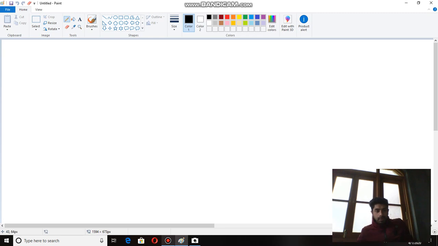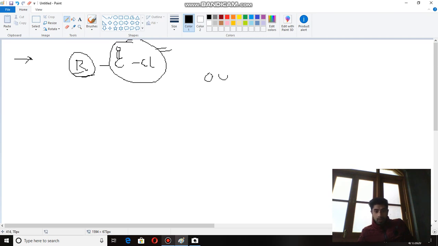There may be some functional groups like this. This is C double bond O, and here it is Cl. Here can be any R. R means any compound containing carbon. So this functional group, the suffix for this is oyl chloride.